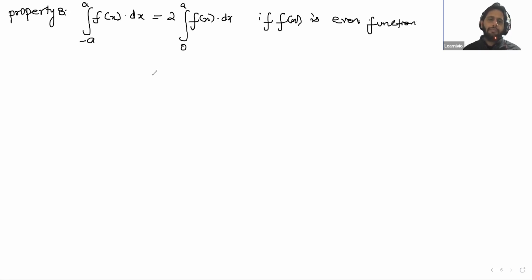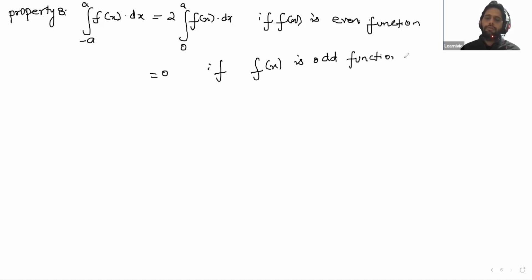If f(x) is an even function, and this is equal to 0 if f(x) is an odd function.